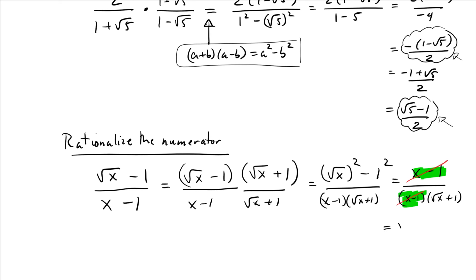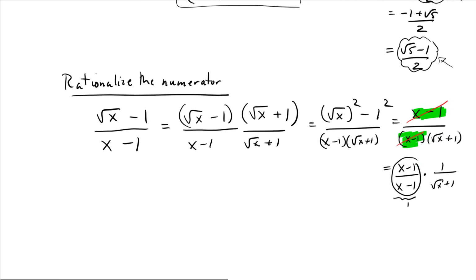Why can I do this? It's because this is the same as x minus 1 over x minus 1 times 1 over root x plus 1. Now this is 1, and multiplying by 1 doesn't change anything. So that's why I can cross them out, and I'm left with 1 over root x plus 1.